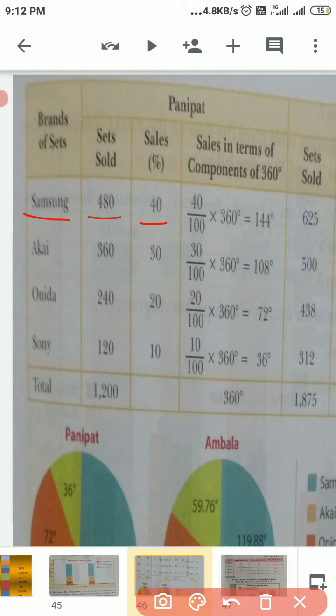Then we have to find out the angle of this data in a circle. So what we will do, we will divide 40 by 100, then we will multiply it by 360, because 360 is the total degree of the circle.